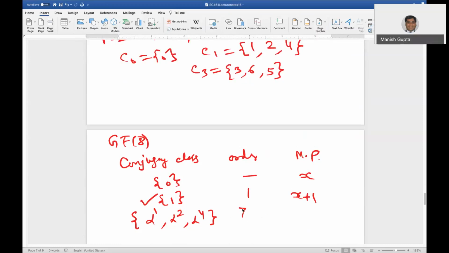Order is 7. And I can find the polynomial as x plus alpha into x plus alpha square into x plus alpha raised to power 4, which is nothing but x cube plus x plus 1.